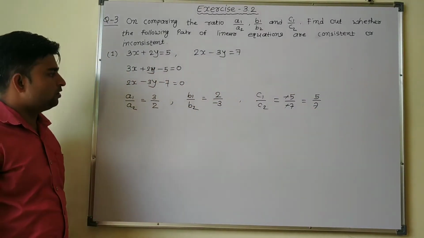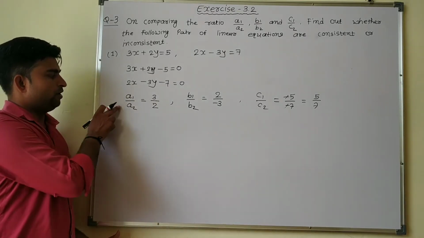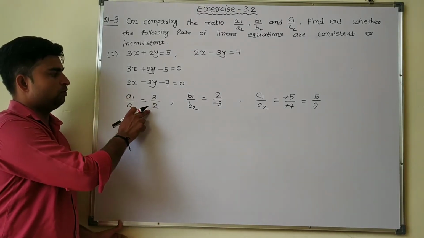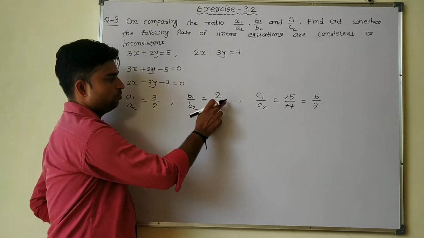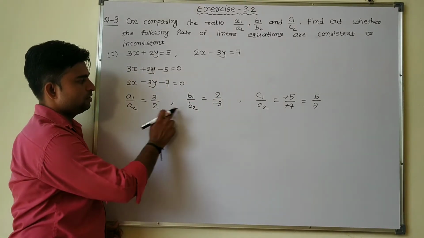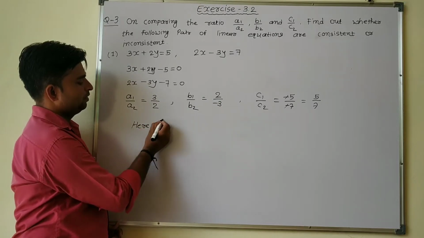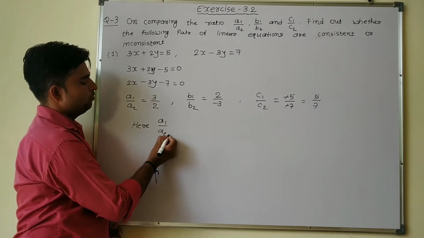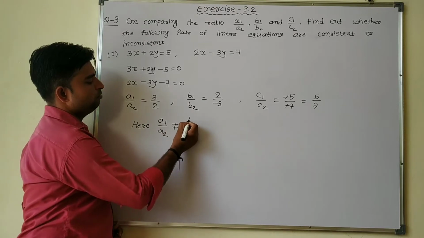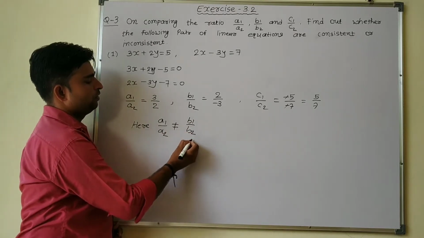Now observe all three answers and compare. A1 upon A2 is equal to 3 upon 2 and B1 upon B2 is 2 upon minus 3. So this is a different answer. So here we can say A1 upon A2 is not equal to B1 upon B2.